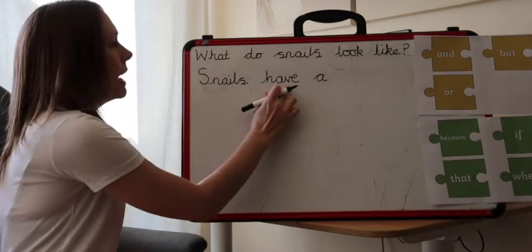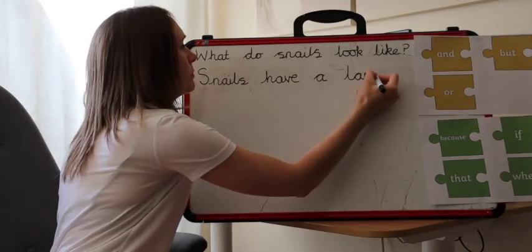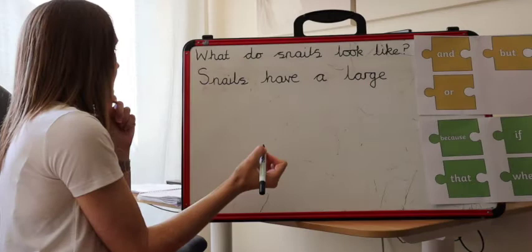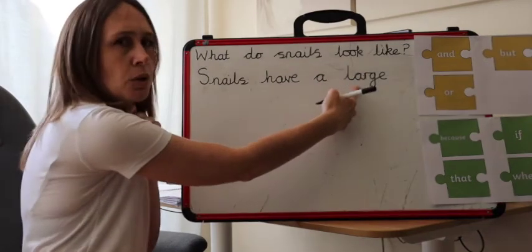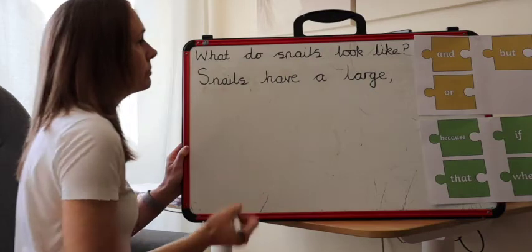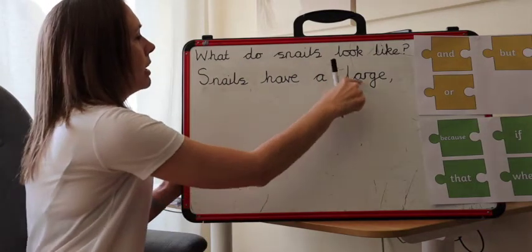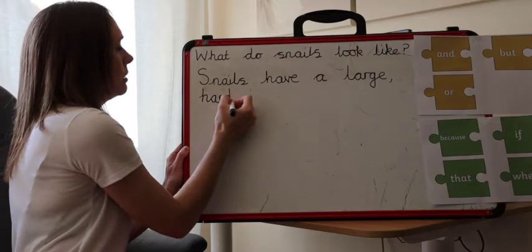So snails have a large, I might use more than one adjective. Snails have a large, and if I do use more than one adjective, I need to put in a comma. Snails have a large, hard shell.